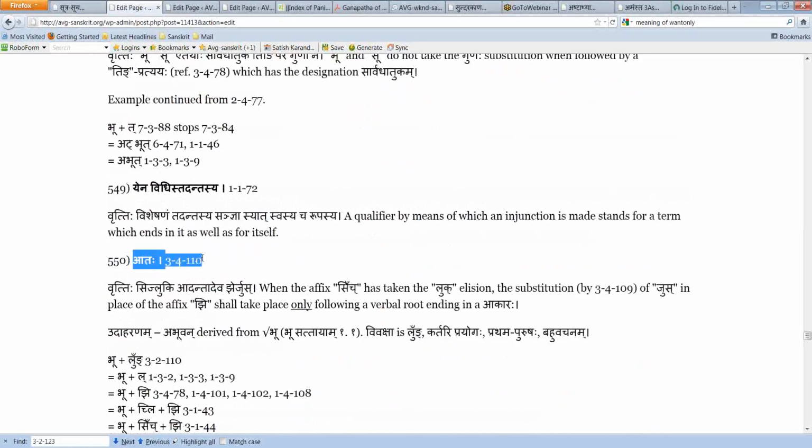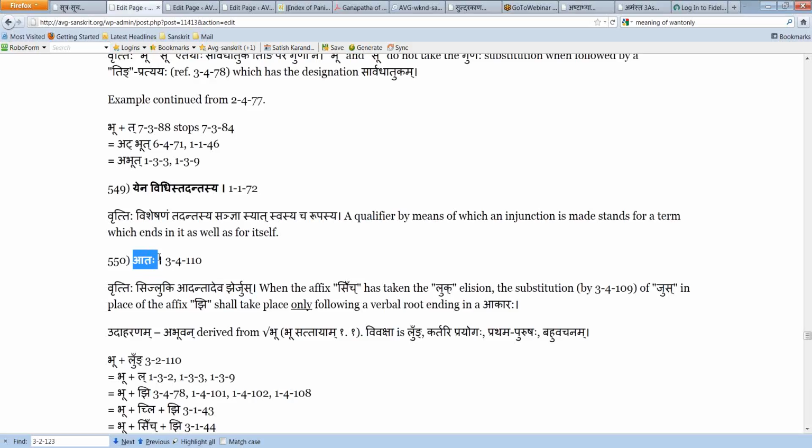Ataha says sijluki adantad eva jus. What does niyama sutram mean? Siddhe sati arambho niyamarthaha: when something has already been prescribed by some other rule, this rule comes again and limits the other rule.